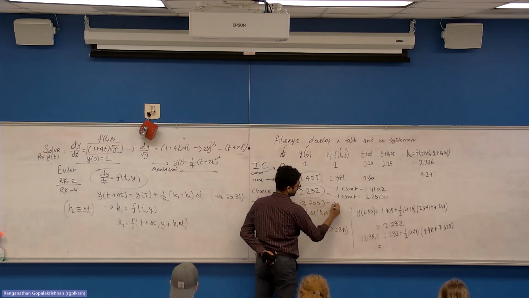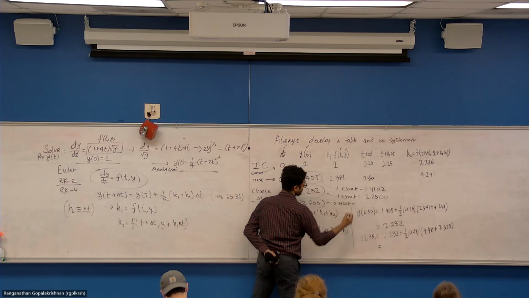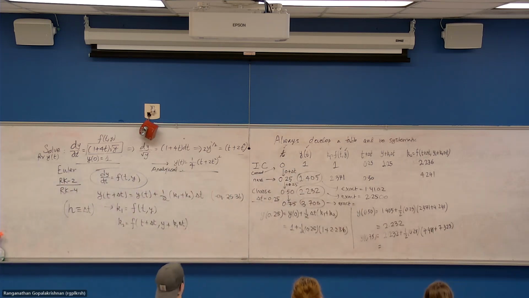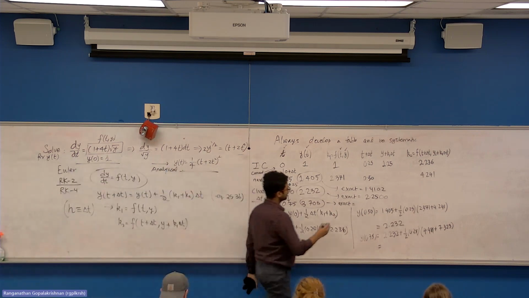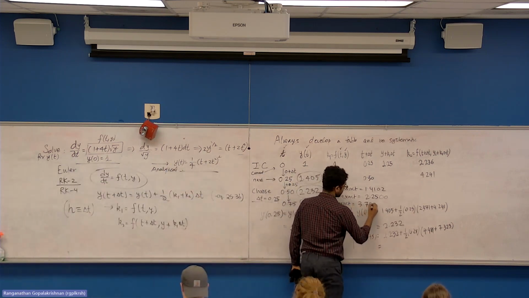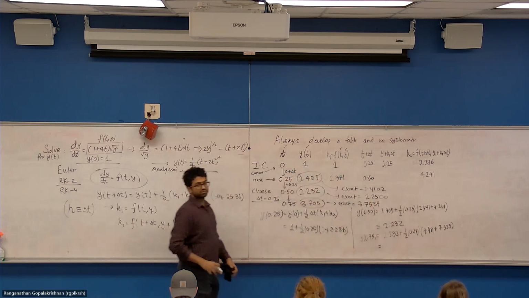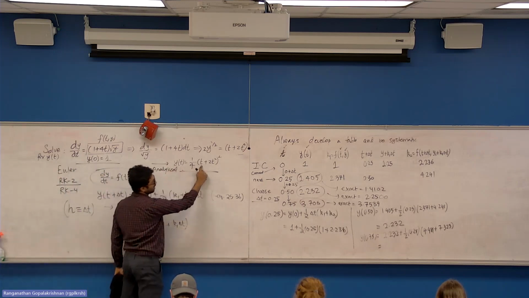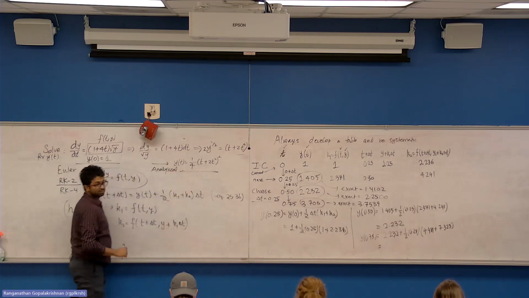And the exact value is 3.7539, which is obtained by substituting time equal to 0.75 in this formula.